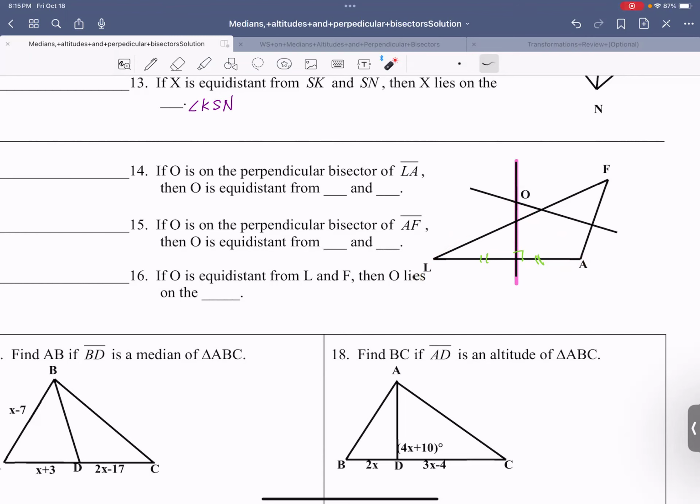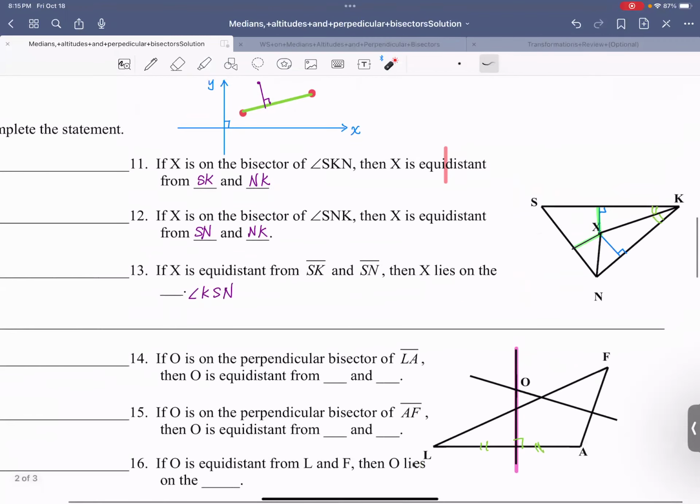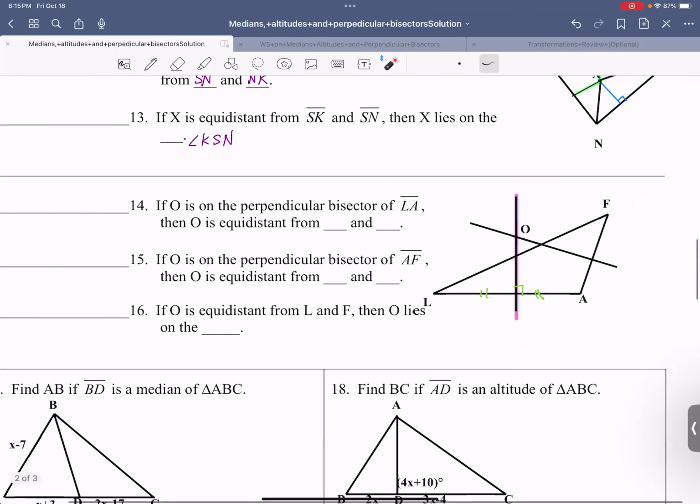When you call equidistance, you could mean from the point to the line, then you draw the perpendicular. Sometimes equidistant could be from point to point. So this O is on the perpendicular bisector of that. So O is equidistant from point L and point A. Also tell me, or you can make this conclusion saying these two equal.